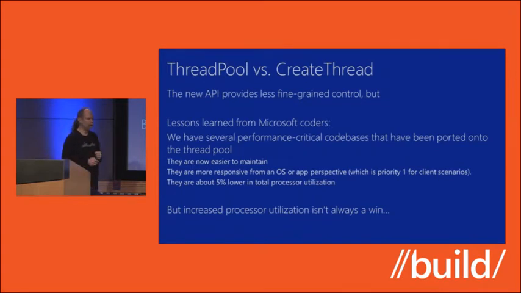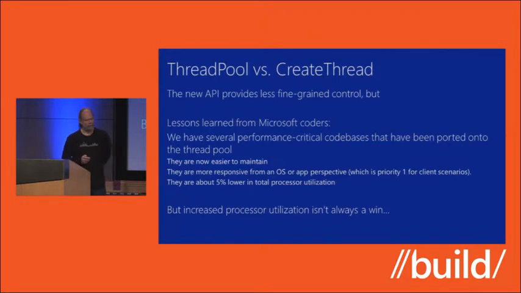Now, the thing to remember, though, is that by default, the Thread Pool API doesn't give you quite as much explicit control over exactly which threads run on which cores as it used to using, say, the standard create thread model.